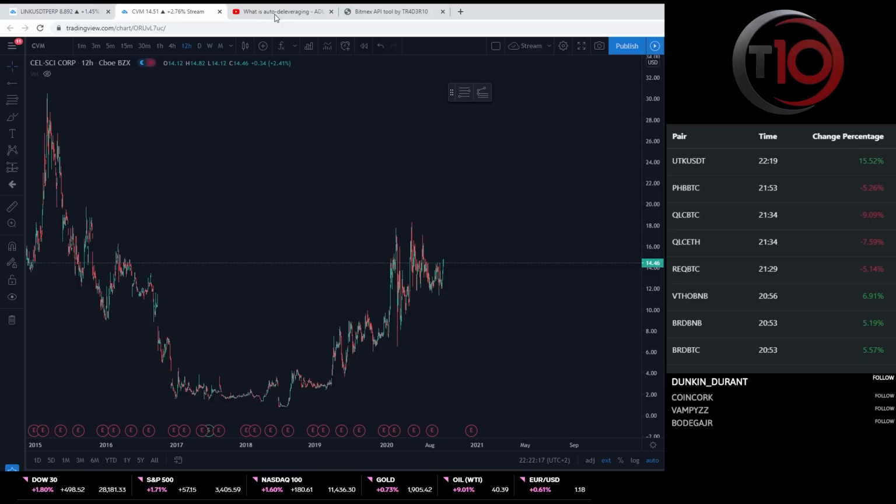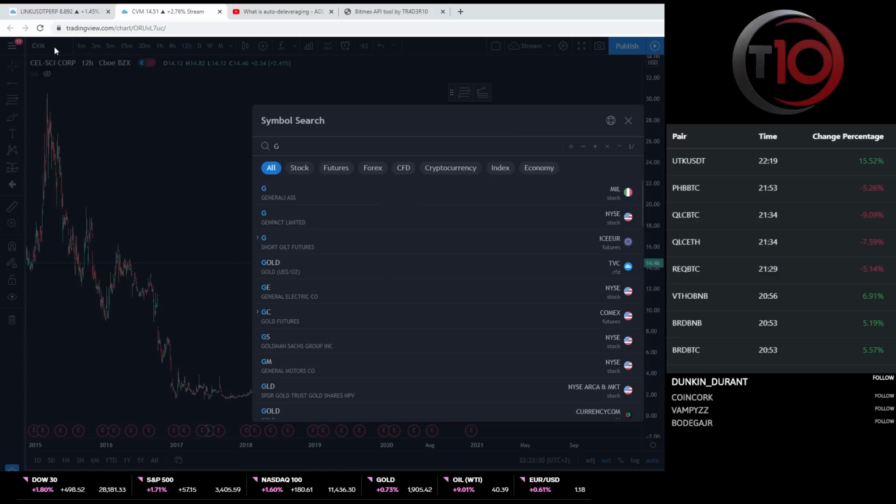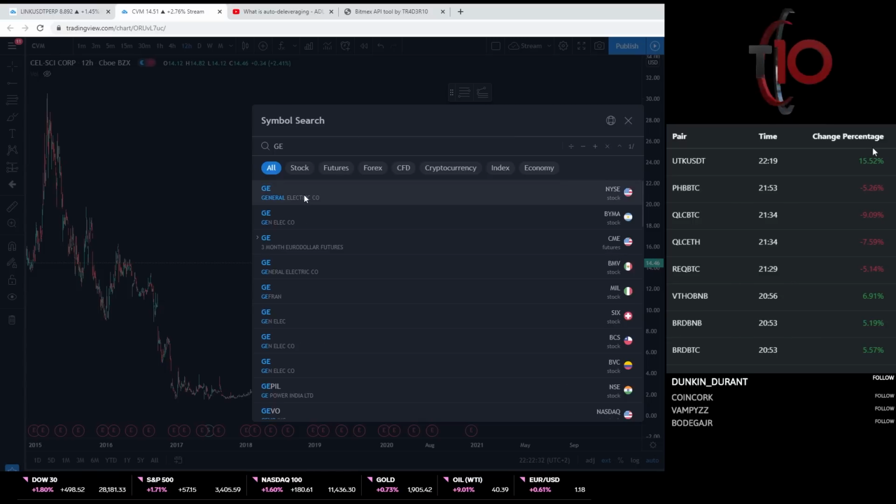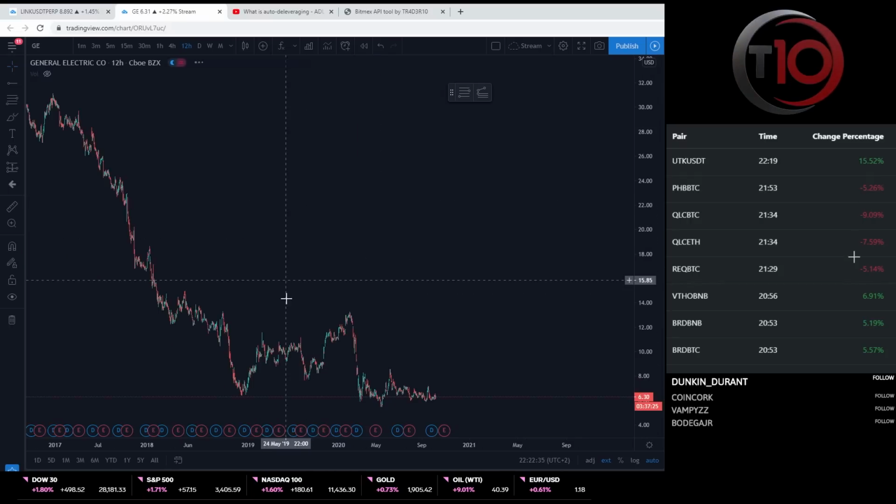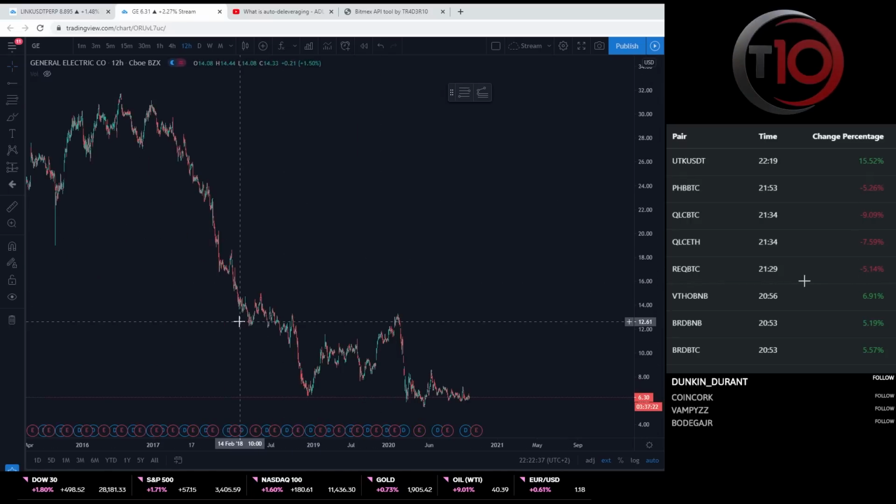Any more tickers? But I think this one looks okay still. GE. I think I have a position. No, I don't. What did I do on this one? They're short.